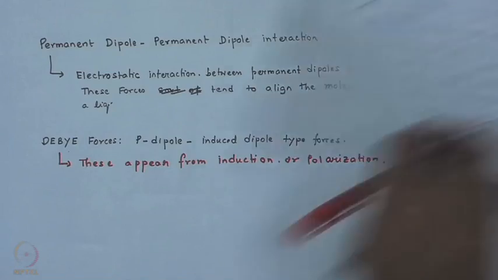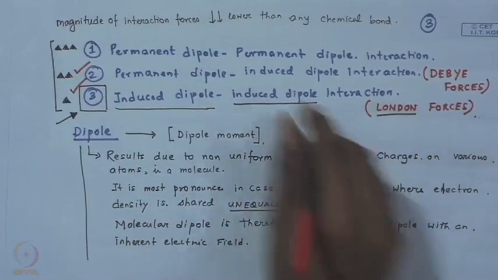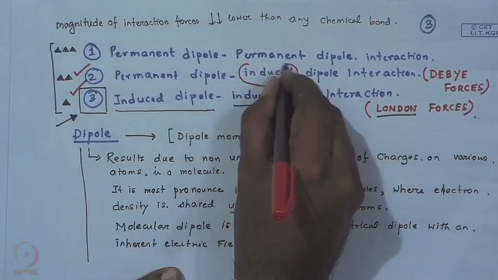The other part is electron deficient, which has a positive charge localization, and the dipole interacts between these two zones. Okay. So, this is important. There is no question of any induction, but the moment you talk about the second and the third type of forces, that is the Debye forces and the London forces, the question of induction comes in.